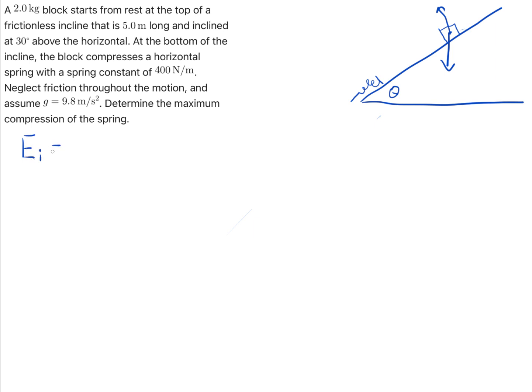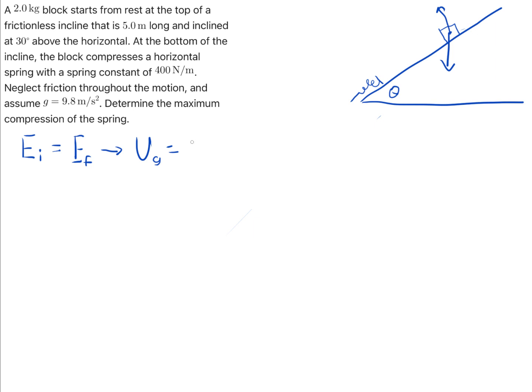So the initial energy in the system is going to be equal to the final energy in the system. So the initial energy is just simply the gravitational potential energy of the block initially, relative to the bottom of the incline where it will be at the end. And it doesn't have any kinetic energy or other potential energies in there.